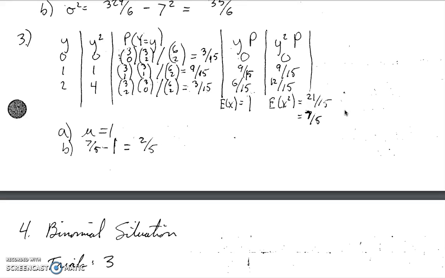Just to elaborate on the reason that the expected value of the square of the variable is different, and in this case larger than the square of the expected value of the variable. The expected value of our variable is 1, and the square of that would obviously be 1. The expected value of the square of our variable is 7/5, obviously greater than 1.